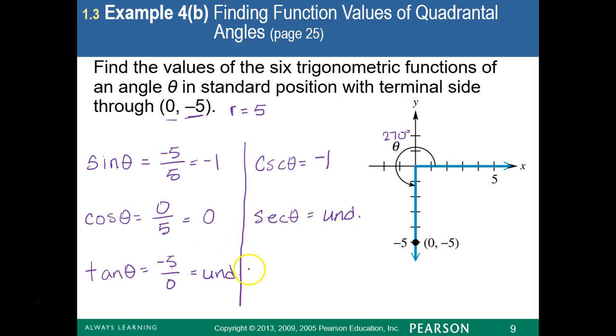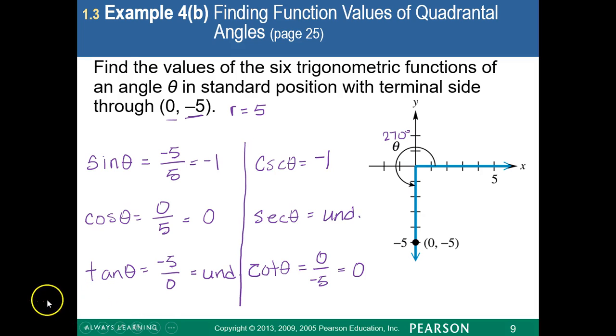And then cotangent of theta is equal to, now this becomes 0 over negative 5, which is 0. And we're done with this one.